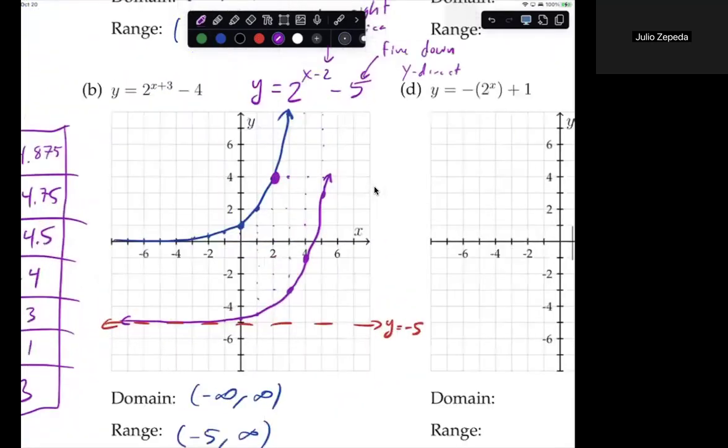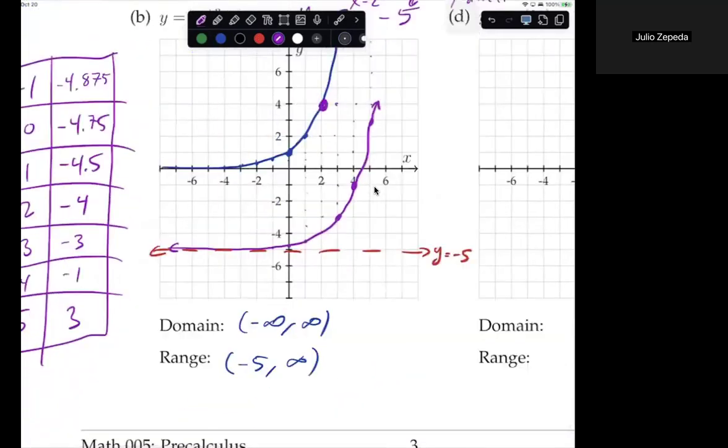And if I plot these points now, these are exactly 5, 3, which is this one here. 4, -1, 3, -3, and so on. 2, -4. Oops. 2, -4 is this one here. 1, -4.5, and so on.